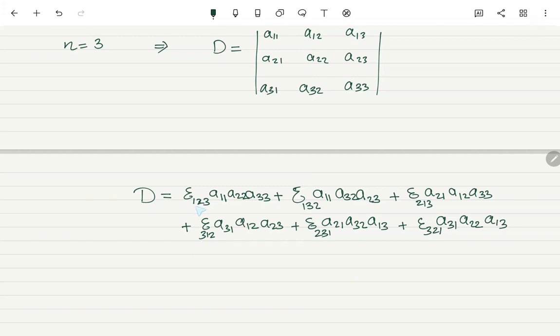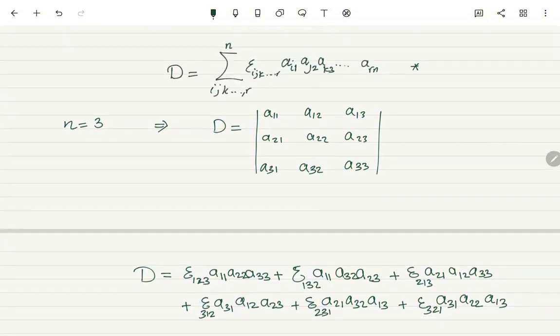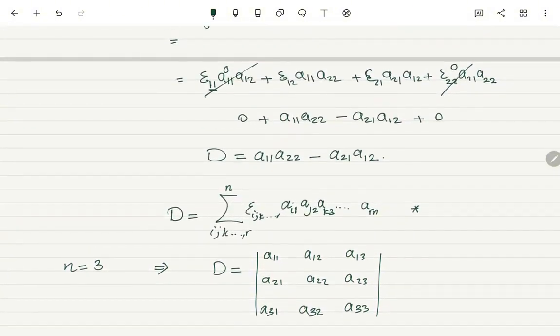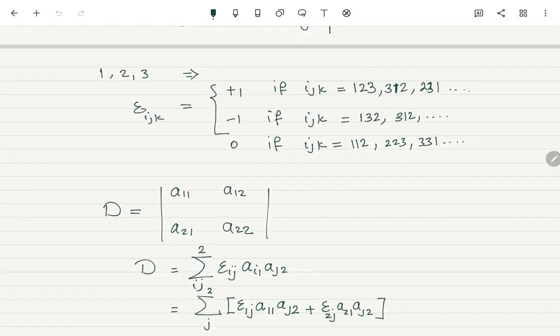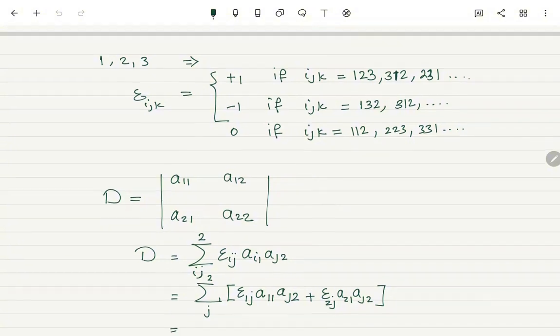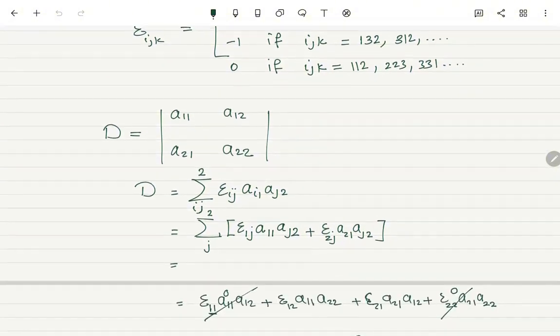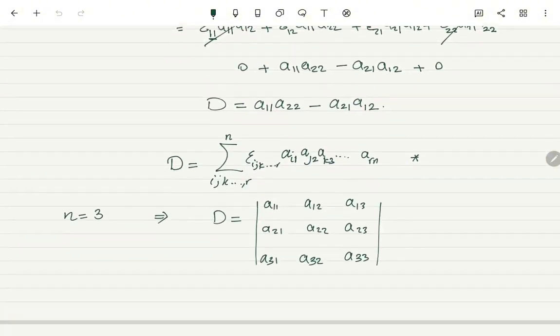After simplifying, and remember the Levi-Civita rule, if you have even permutations, you will have positive 1, odd permutations, you'll have negative 1, and if you have a repeated index, you will get 0.